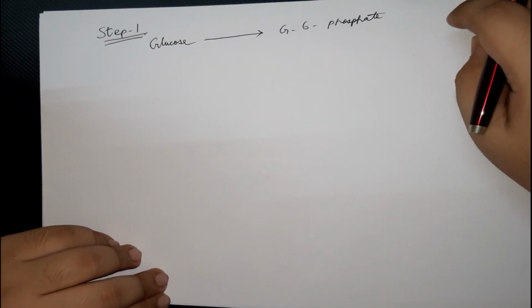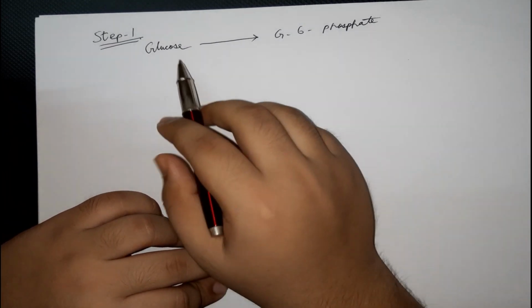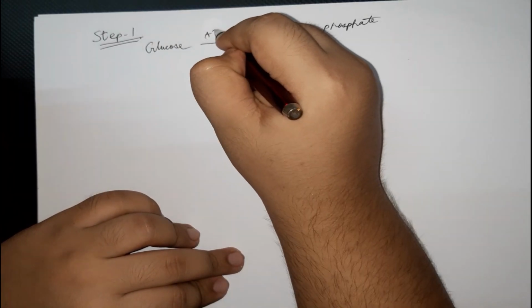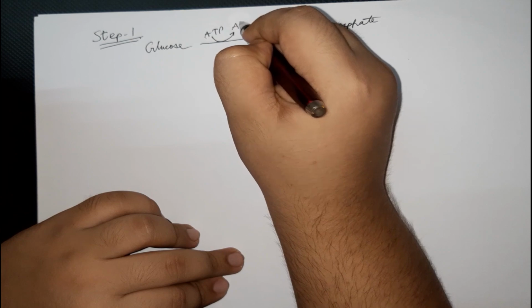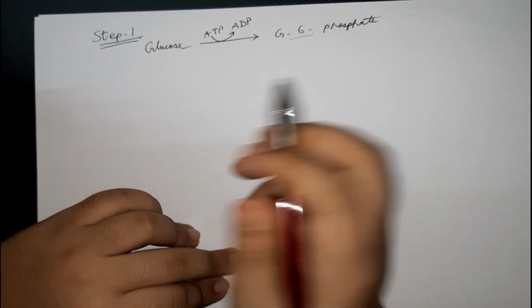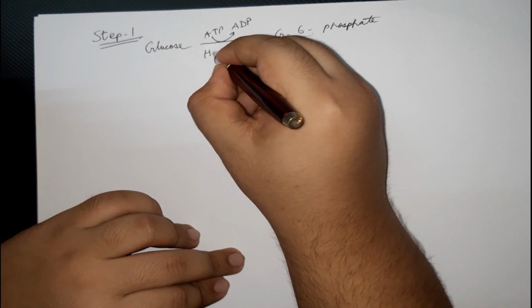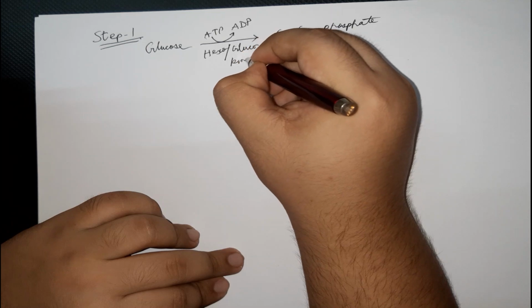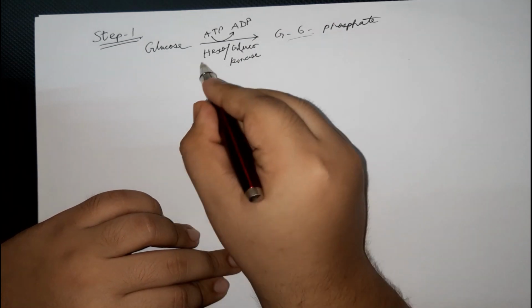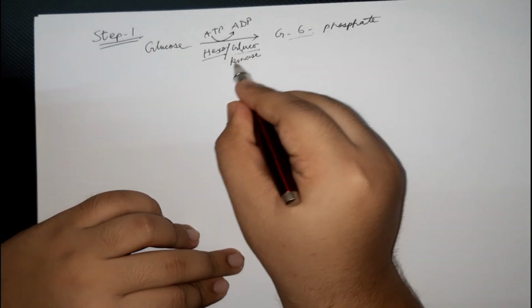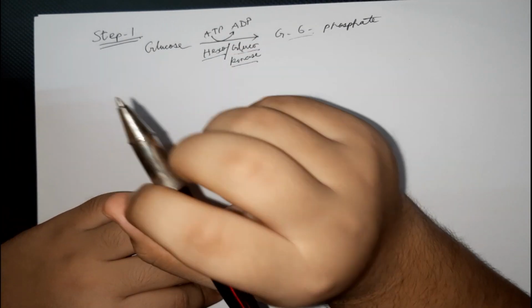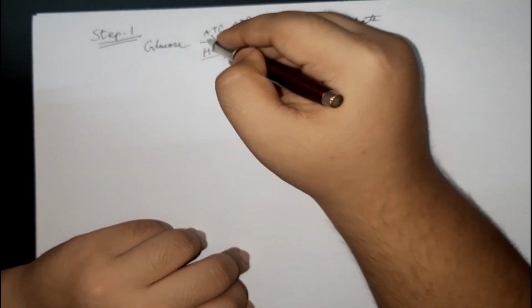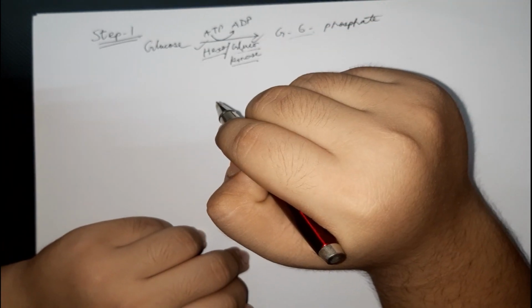So where is the phosphate coming from? Phosphorylation via ATP utilization, right? And the enzyme required was hexokinase or glucokinase.